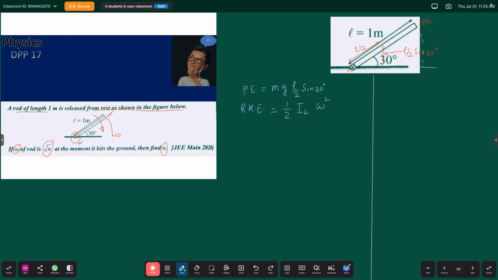For a uniform rod about one end, we know the moment of inertia is mL square by 3. So your rotational kinetic energy is this much.